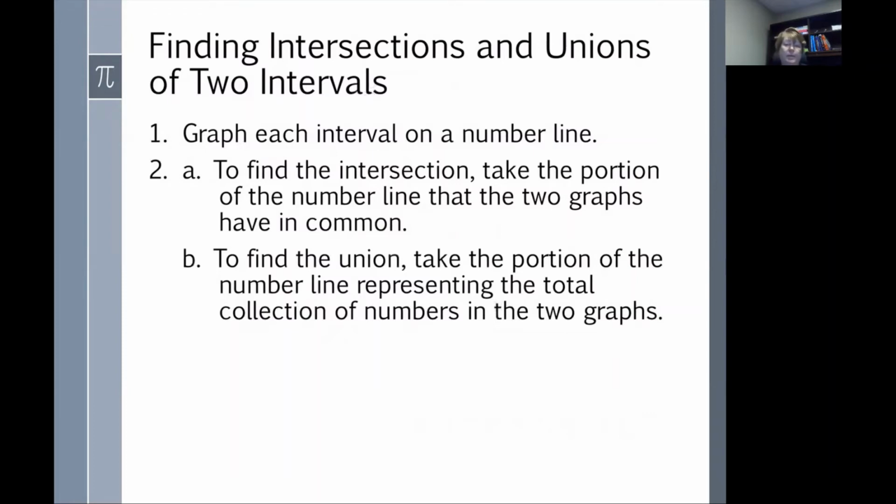To find the intersection, you take the portion of the number line that the two graphs have in common, where the graphs overlap. To find the union, you take the portion of the number line representing the total collection of numbers in the two graphs. So you join them together. An intersection is what they have in common. A union is all of them together.